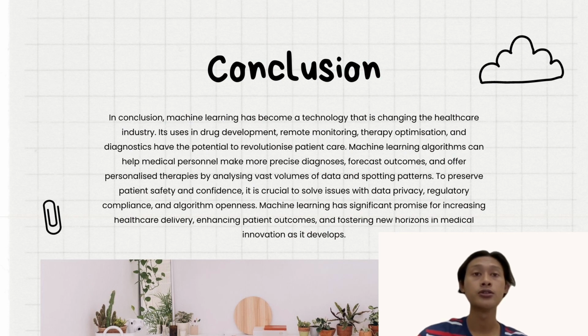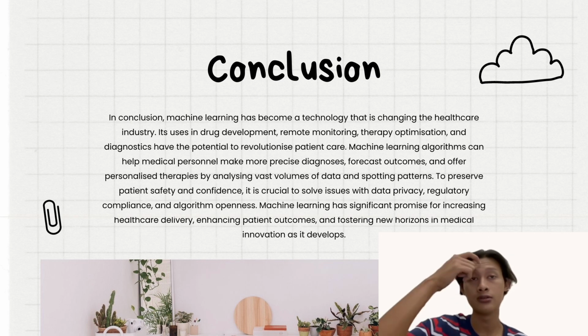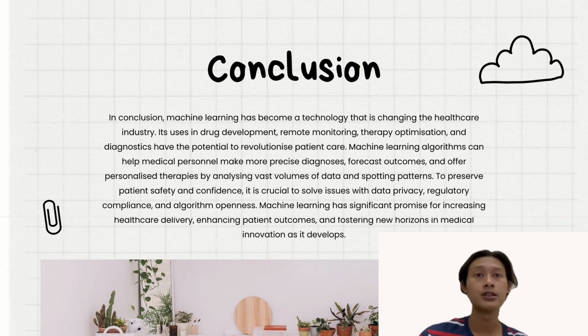So, in conclusion, machine learning has become a technology that is changing the healthcare industry. Its use in drug development, remote monitoring, therapy optimization, and diagnostics has the potential to revolutionize patient care. Machine learning algorithms can help medical personnel make more precise diagnoses, forecast outcomes, and offer personalized therapies by analyzing vast volumes of data and spotting patterns.